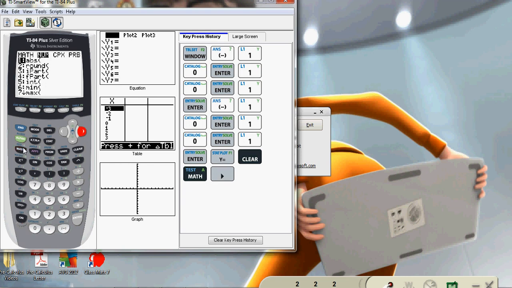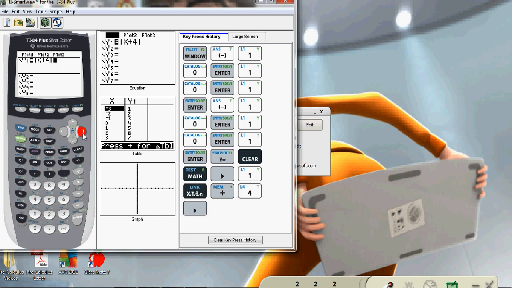As soon as you hit the math button, which is the second or the third one on the left, and you hit the right arrow so that you're at numbers, ABS, that's the absolute value. So I want option number 1. I want the absolute value of x plus 4. So I'm going to do x plus 4, and you will need to close out your parentheses at that point.